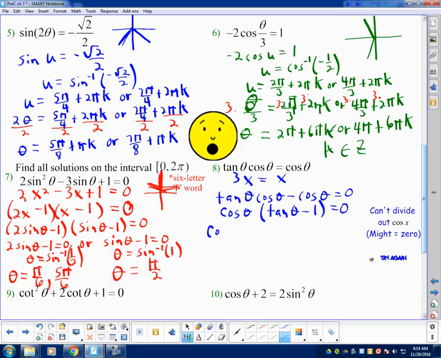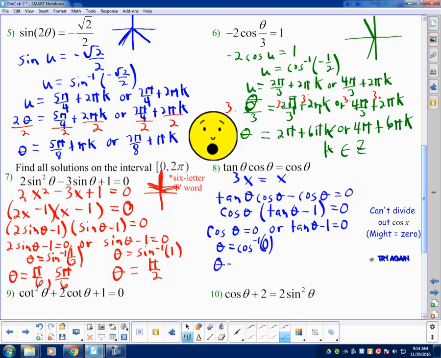So we can set this up as either cosine of theta equals 0, or tangent theta minus 1 equals 0, and then I can solve each of those separately. Even though there's a mixture of 2 different trigonometric functions in here, I can solve this. So theta equals inverse cosine of 0.